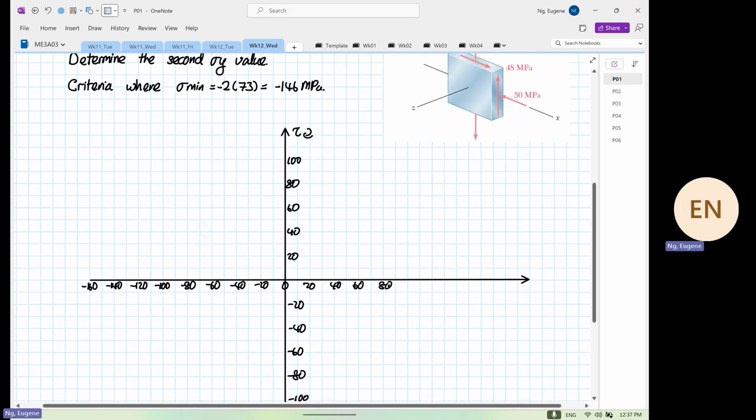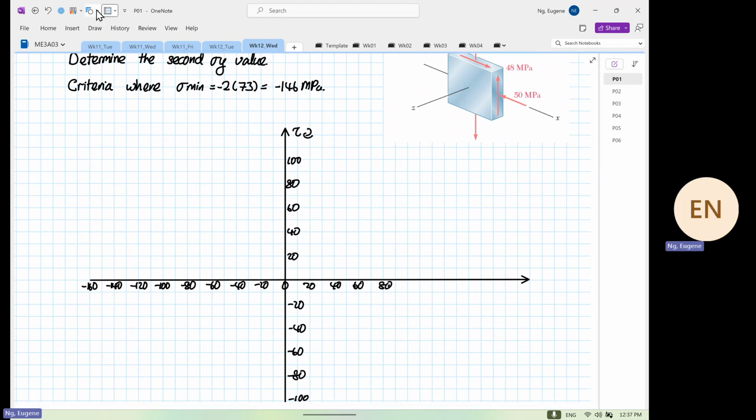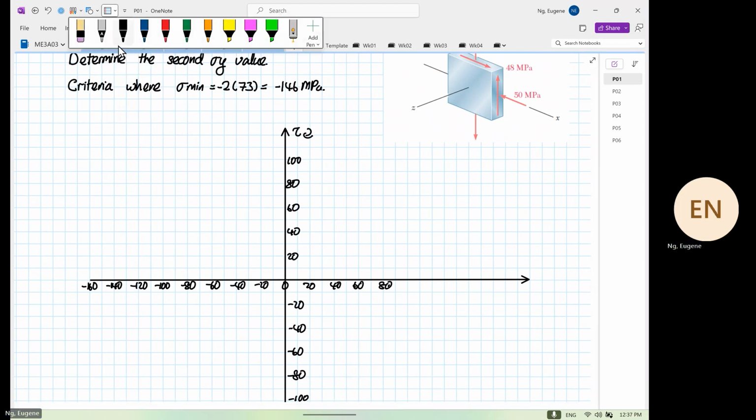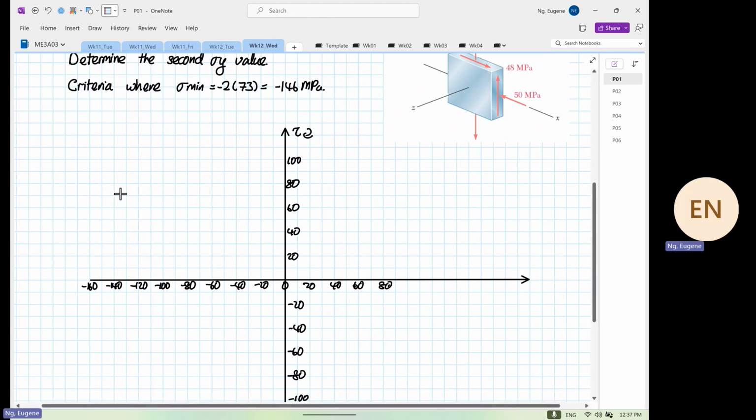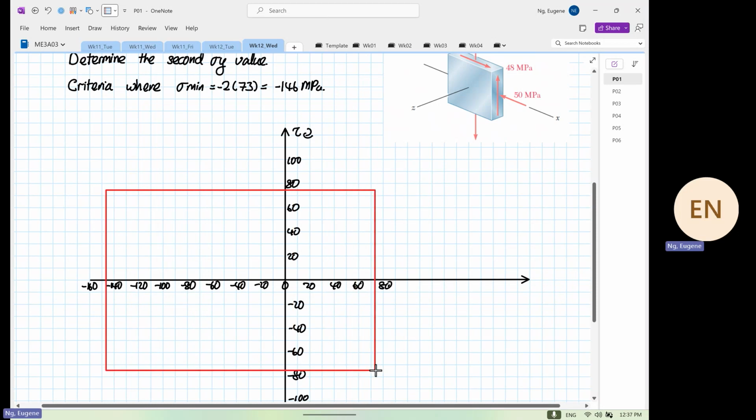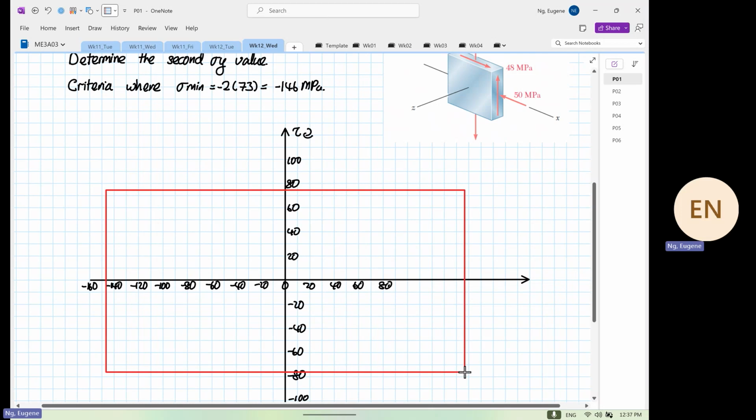And I'm going to sketch the box where our limits are. So the box is 146 and 73. This is just an eyeball. So 146: 80, 100, 120, 140, somewhere around here.